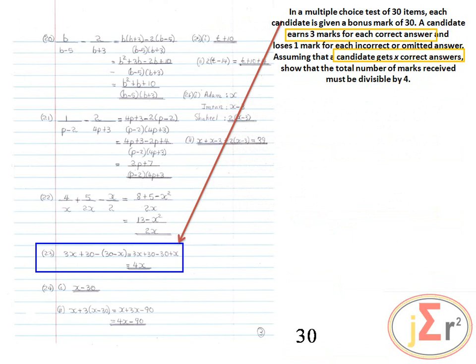A candidate earns 3 marks for each correct answer. Well, we need to know the number of marks that the candidate will get for those correct answers. And we have it right there. The candidate will get 3 marks for each correct answer.